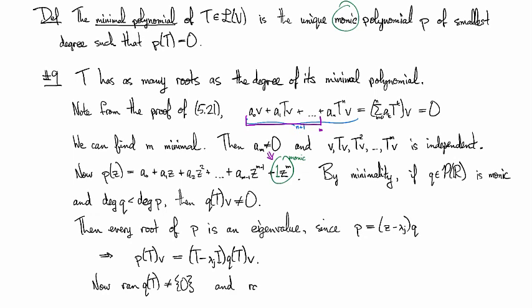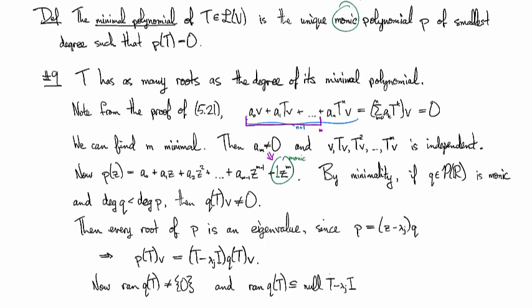And we have that the range of q(T) is contained in the null space of T minus lambda j I, as is shown by this relationship right here.